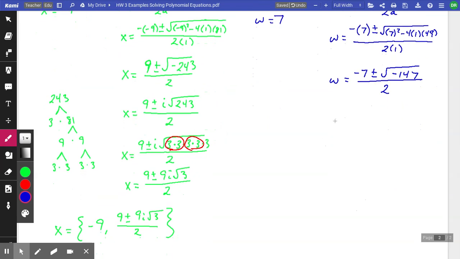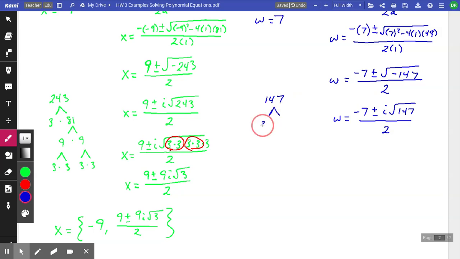Okay, simplifying a little bit more, we get negative 7 plus or minus. This is imaginary, and then we'll figure out what the square root of 147 is. It's not a perfect square. You can try typing in the square root of 147 to a calculator. You get a decimal, and so we do a factor tree for 147.